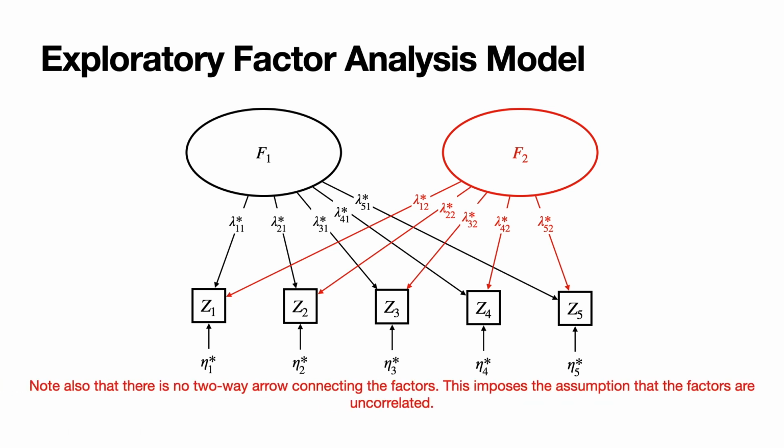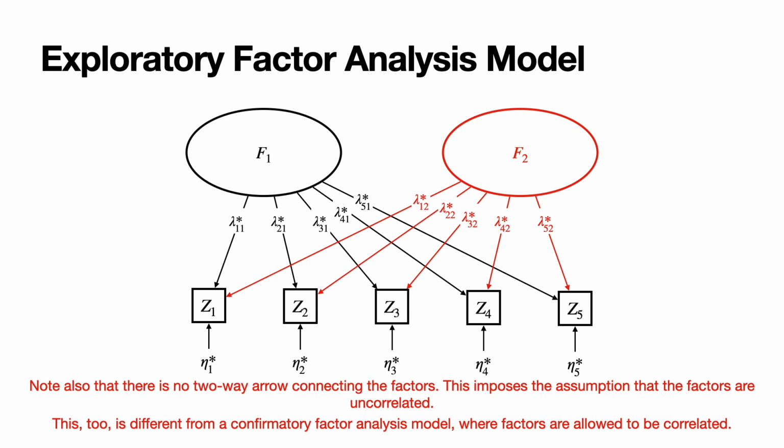Note also that there is no two-way arrow connecting the factors. Because there's no two-way arrow connecting F1 and F2, this model is imposing the assumption that the factors are uncorrelated, and it's going to impose that on the model fitting process. This too is different from a confirmatory factor analysis model, because in a general confirmatory factor analysis model, the factors are allowed to be correlated.